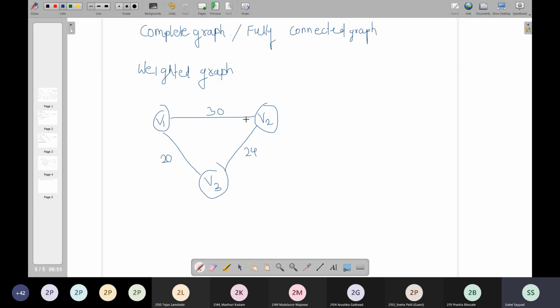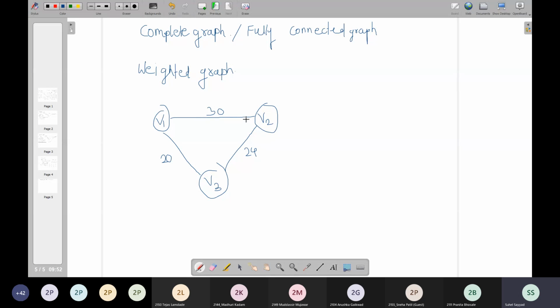These are basically used to solve some problems. For example, these numeric values can be distance. I can keep my cities as vertices, and these edges will be the roads, and the numeric values are the distances. So if I want to solve a problem to find the smallest distance from any given city to any other given city, we all use Google Map, right?